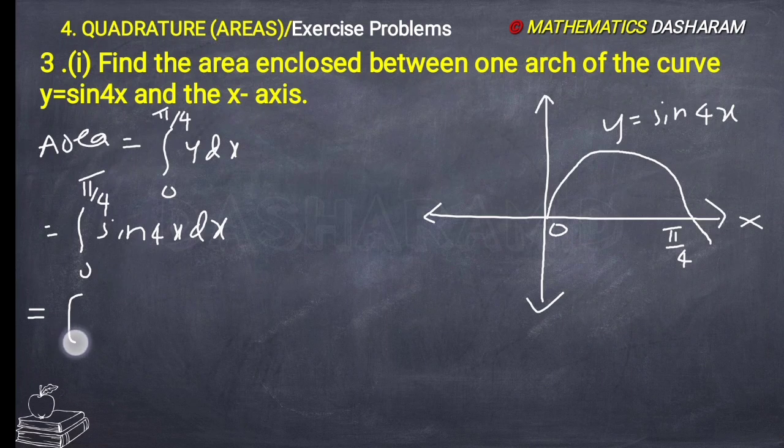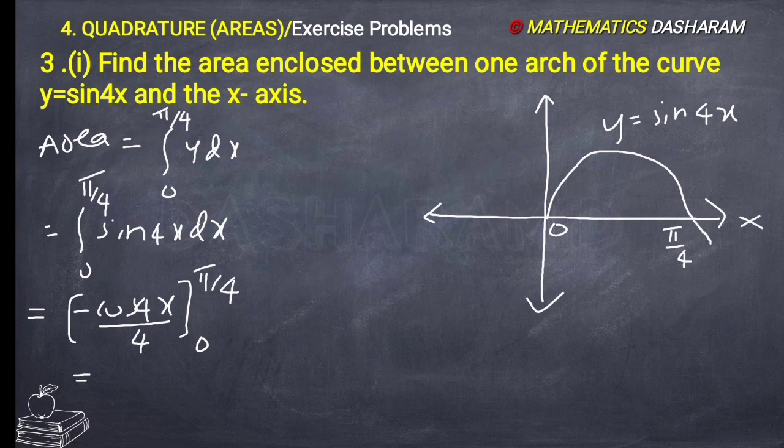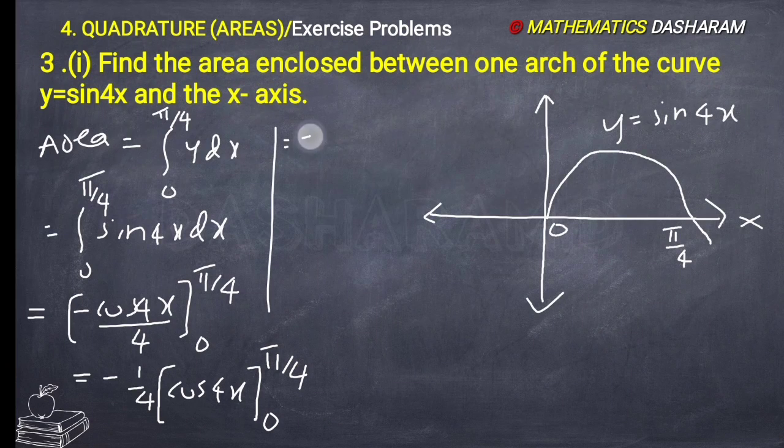So integration of sine 4x is minus cos 4x, and the derivative of 4x is 4, from 0 to pi by 4. So minus 1 by 4 is a constant, so cos 4x from 0 to pi by 4. So it is equal to minus 1 by 4.